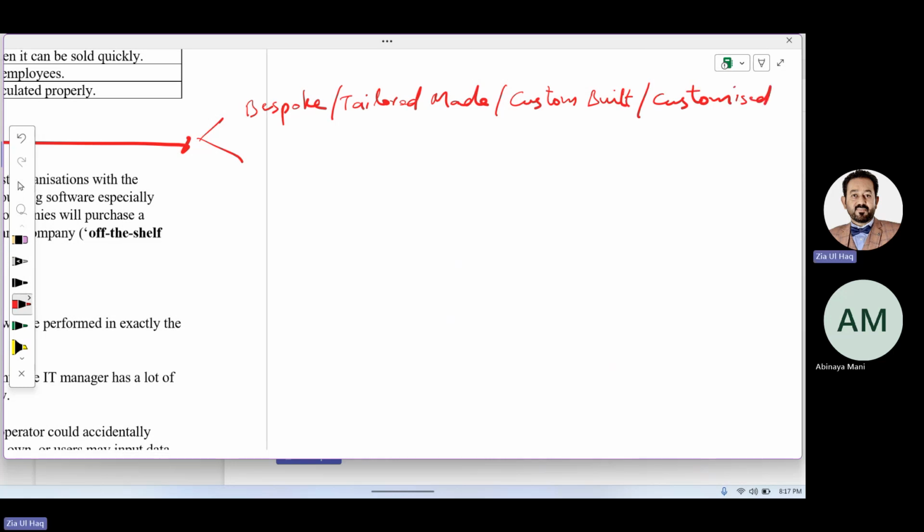The other system is called off the shelf, generic, another name is packages.